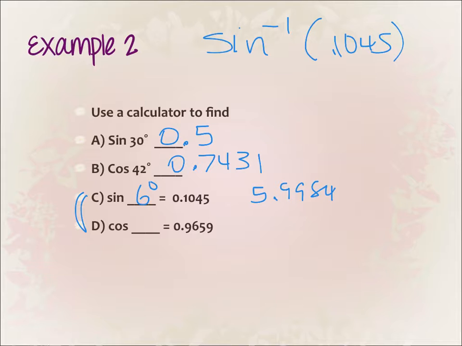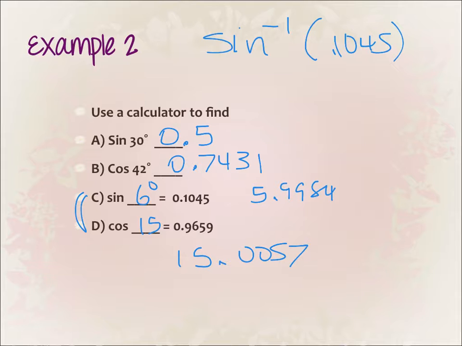Anybody get cosine? Okay, good. 15. Because that ended up being like 15.0057. Okay, so rounded to the nearest degree is 15. So when you're doing questions like this and it tells you to use your calculator, just watch the directions, okay?